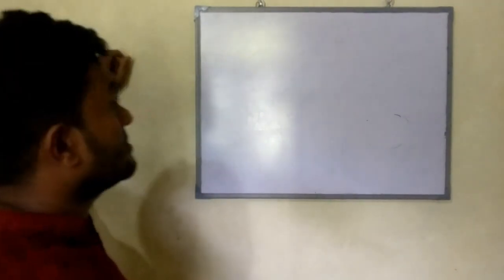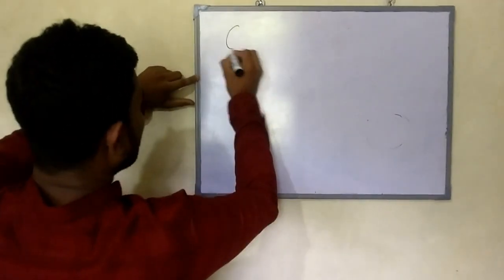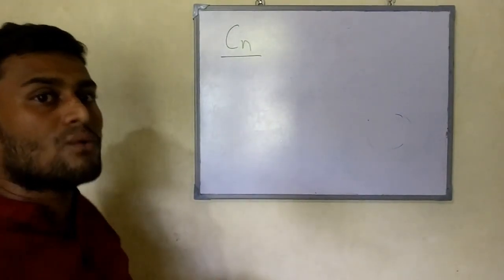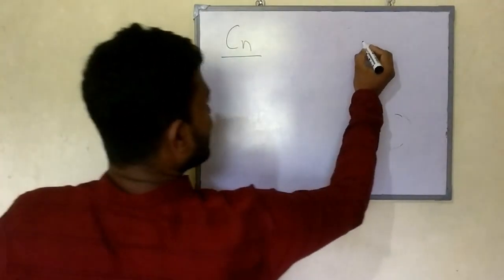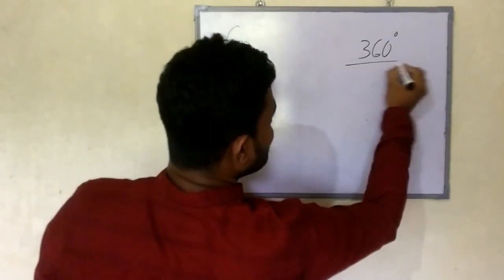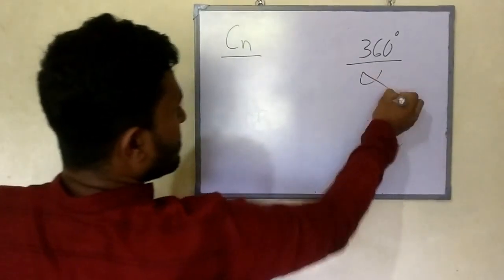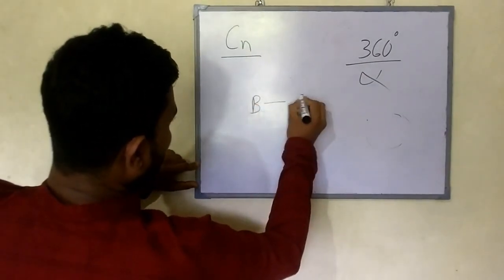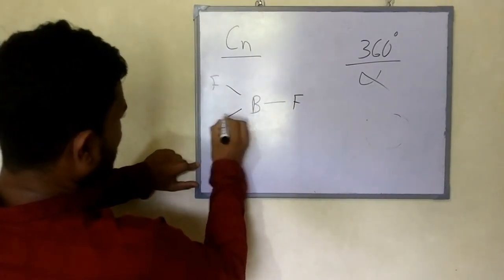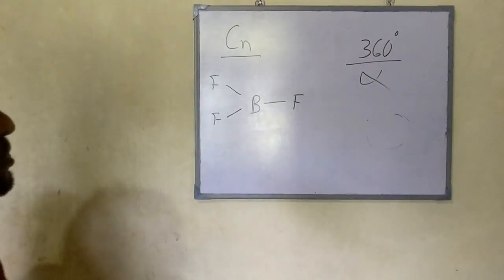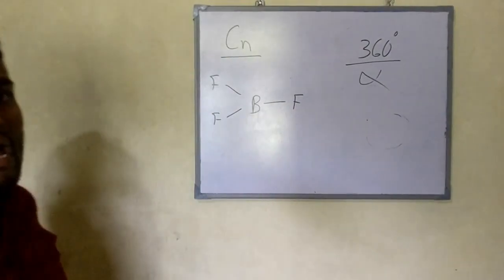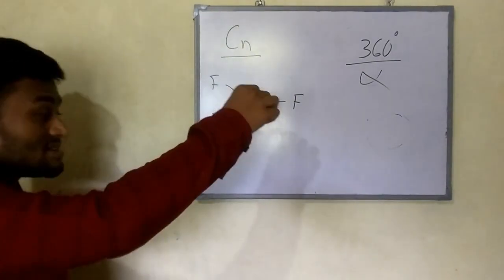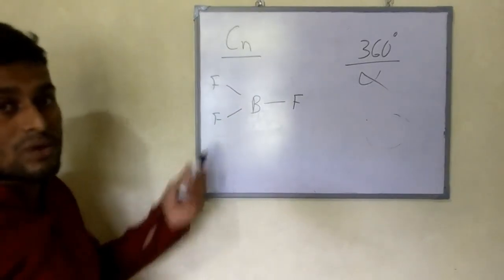Then we want to study the rotation axis. That is Cn. Here Cn means rotating through such an angle, and that angle will be 360 over n. For example, if you take this BF3 molecule, first you want to see from which axis you can rotate this molecule. You need to see whether, when the axis goes through the center, it can be rotated or not.